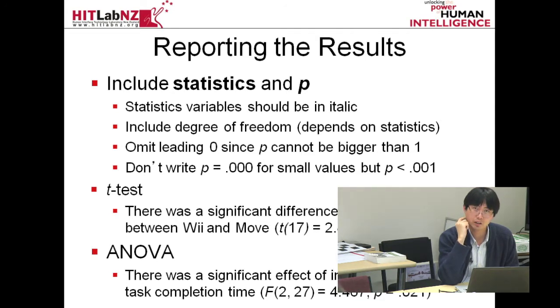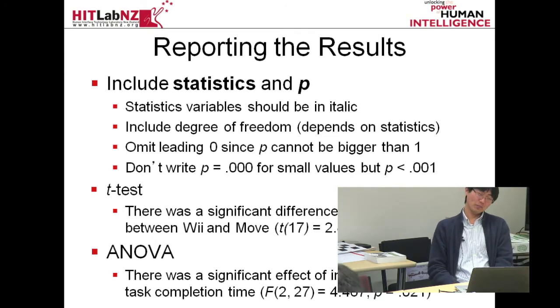In case of between subject design, it becomes n minus k, which is the number of participants minus the number of conditions. So if it was within subject design, that means we had 30 participants with 3 conditions. If it was within subject design, you have to calculate it with the formula.